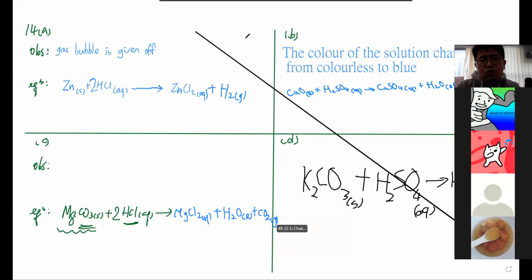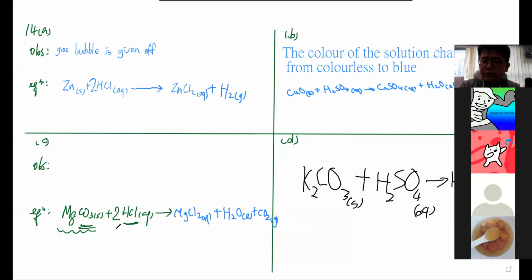However, if you want to talk about it as a half, I just add 1 mole of hydrochloric acid to it. So what will happen to the product? There may be a chance of having something like hydrogen carbonate.